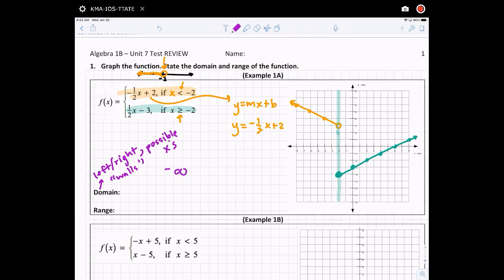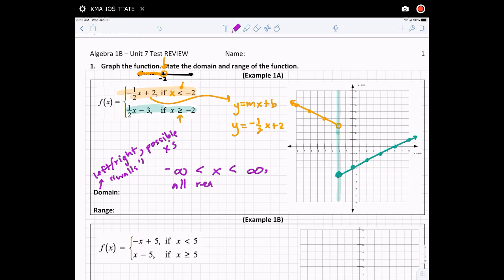How far to the right? And this is my x values. How far to the right would it go? Is there any particular part where it stops? No, it doesn't. It would go as far as possible. So one thing we could say is all real numbers, because x could literally be any number.